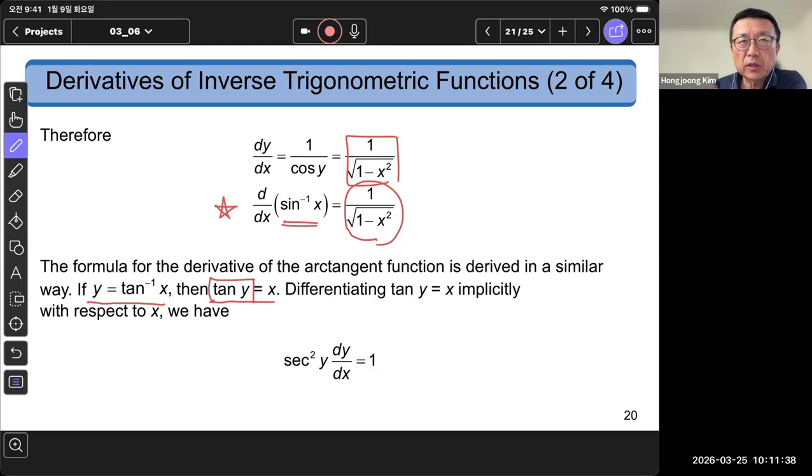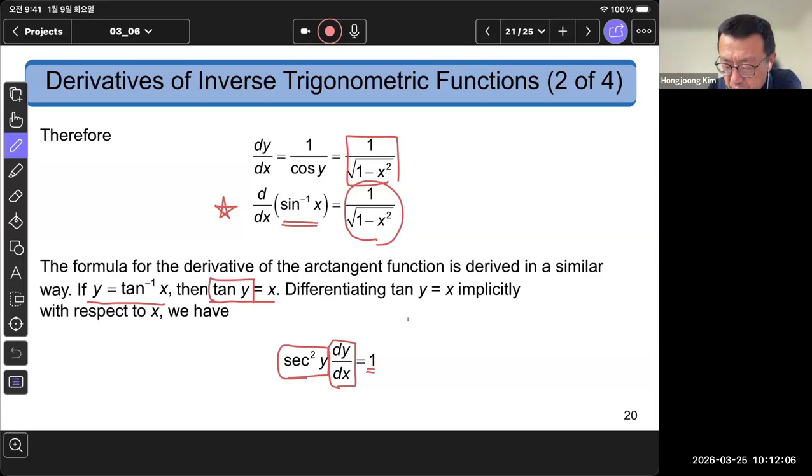So if I differentiate tangent, you get secant squared. You need to evaluate secant squared at the inner function. So you get secant squared of y. That is the derivative of the outer function. You need to multiply the derivative of the inner function, right? That is the chain rule. And that is the derivative of the right hand side, 1.